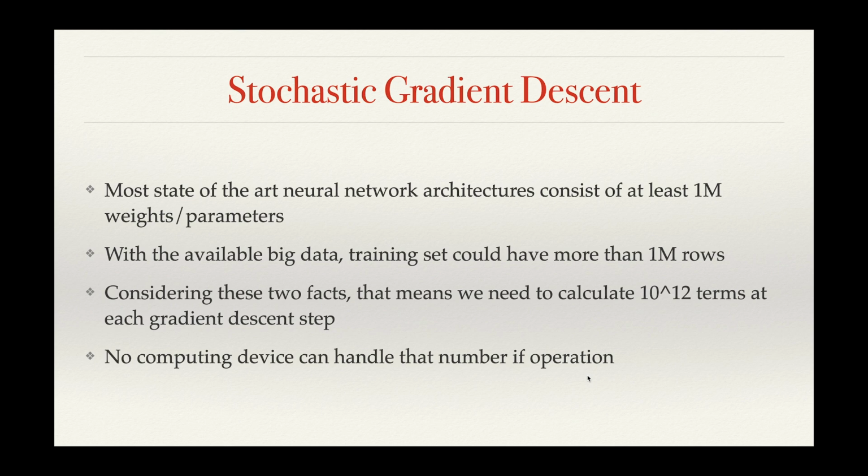Then at the end, we need to estimate the cost of these 1 million samples, and then we need to update 1 million parameters with these 1 million samples. So here we have 1 million times 1 million, that's why we have 10 to the power 12, about 12 zeros of terms at each gradient descent step. No computing device can handle that number of operations.